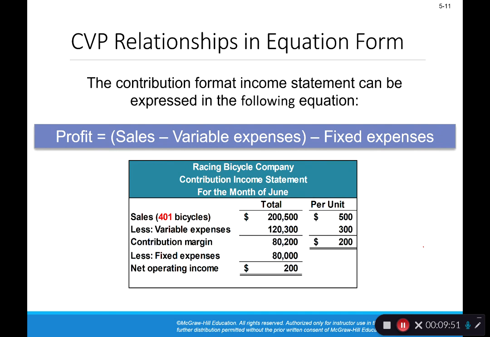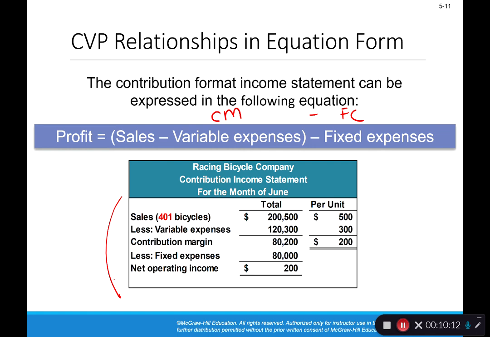In equation form, we can calculate our profit by taking our sales minus our variable cost, which effectively is our CM, and then taking away our fixed cost. So that's just in a horizontal format compared to the vertical format that we see in our income statement structure.